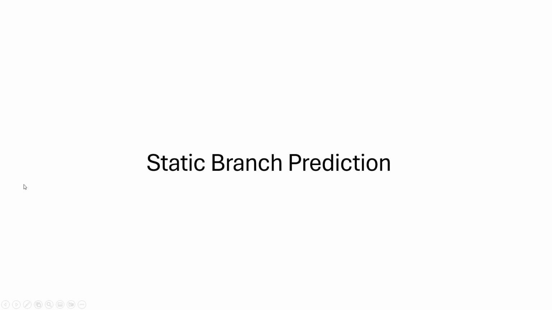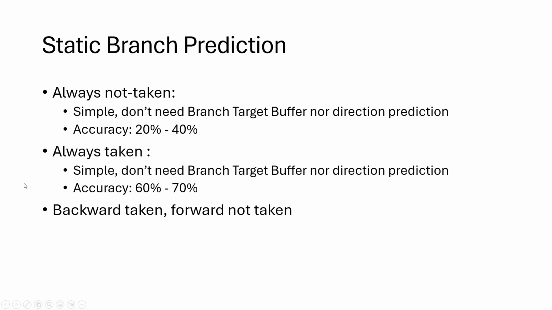Let's start with static branch prediction. Static branch prediction cannot be dynamically adjusted based on branch history, input, and results. There are several ways. Always taken, obviously, means every time it encounters a branch, it will jump.